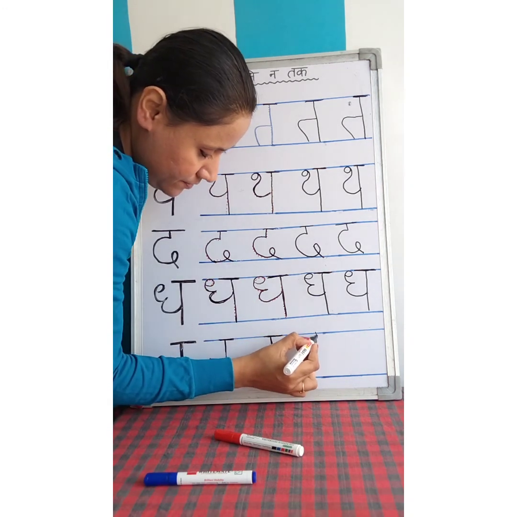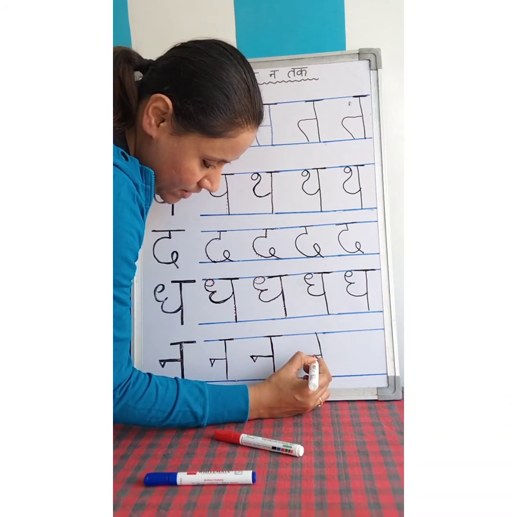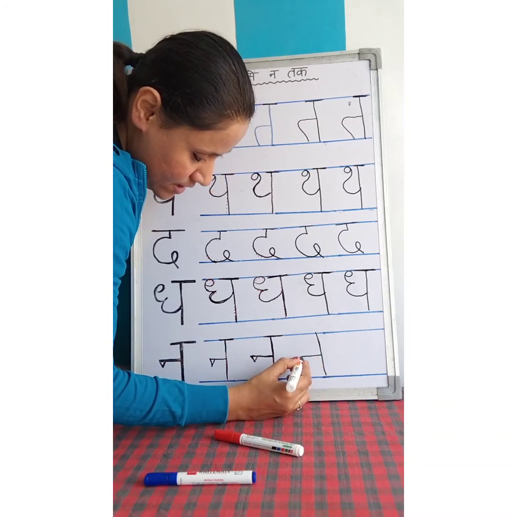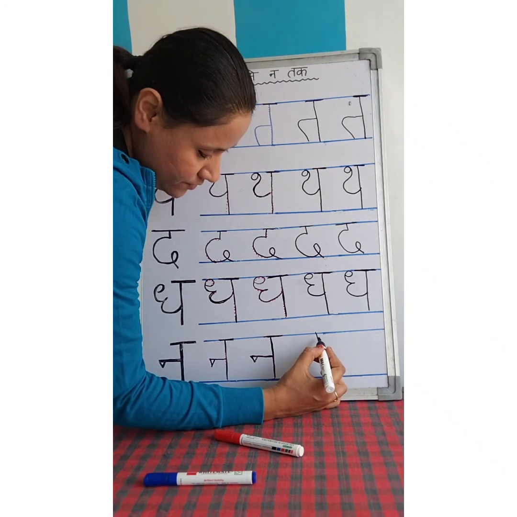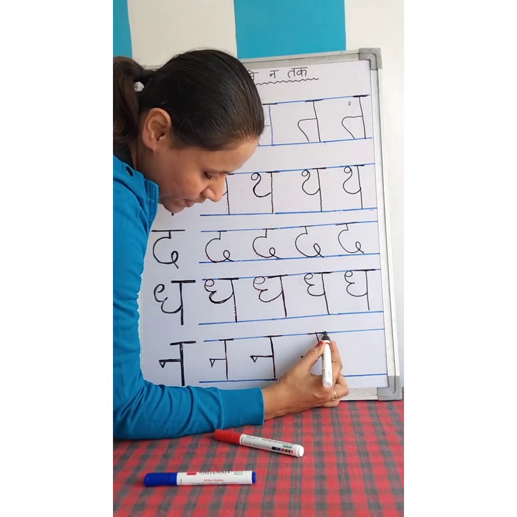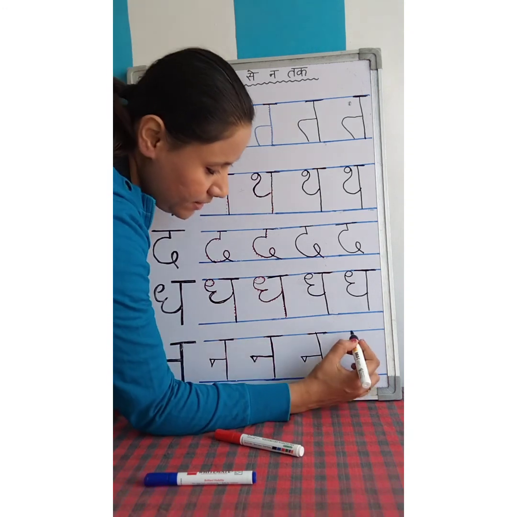Now see it once again. Standing line, sleeping line, a triangle downwards and a sleeping line upwards, overhead. Now see it once again.